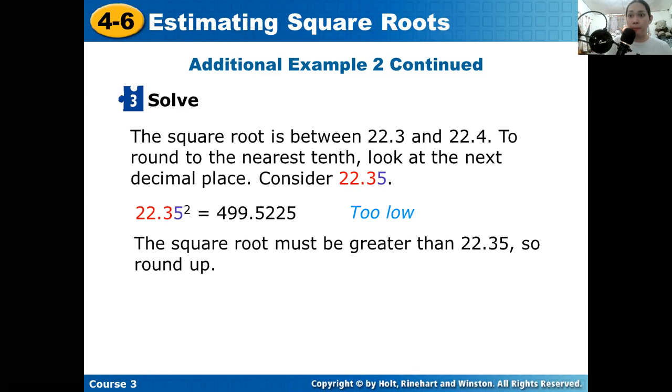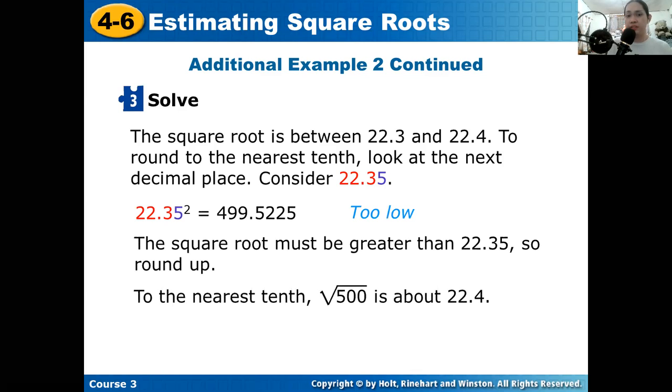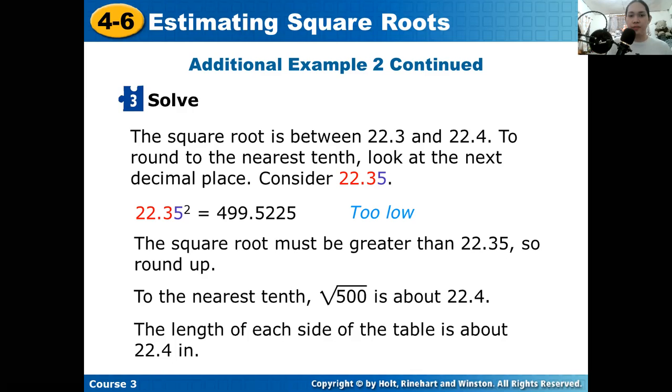So we will round it up. That gives us, to the nearest tenth, the square root of 500 is about 22.4. And now the length of each side of the table is about 22.4 inches. In short, the approximate value for the square root of 500 is now 22.4.